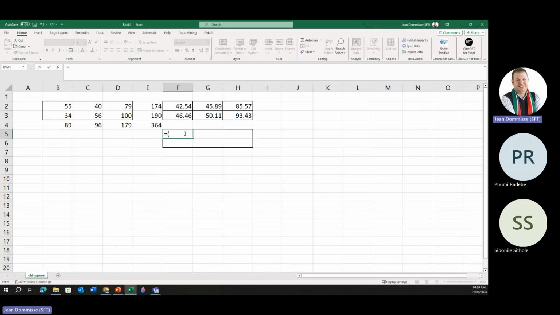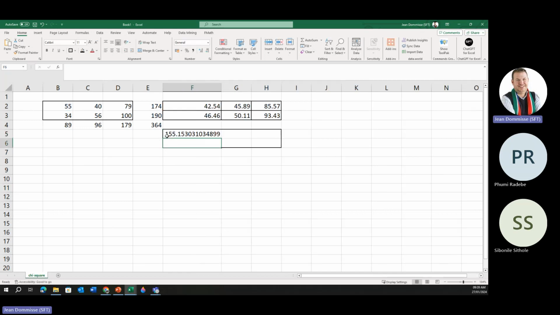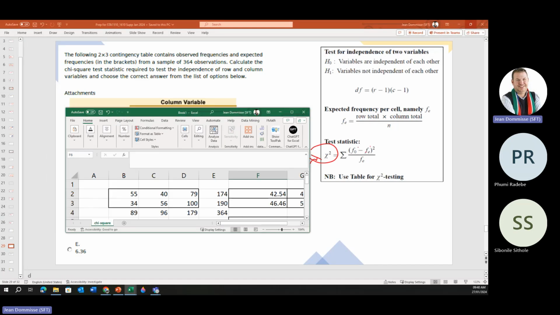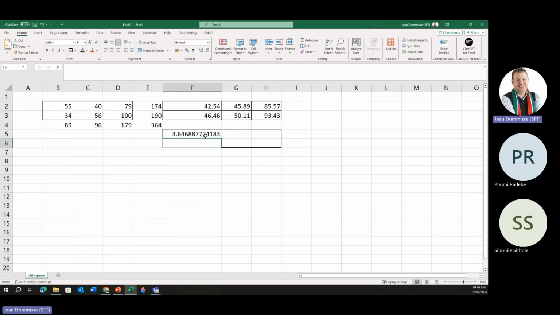So it was observed minus expected to the power of 2, and that was divided by expected. And let's just make sure again. Observed minus expected to the power of 2 divided by expected.